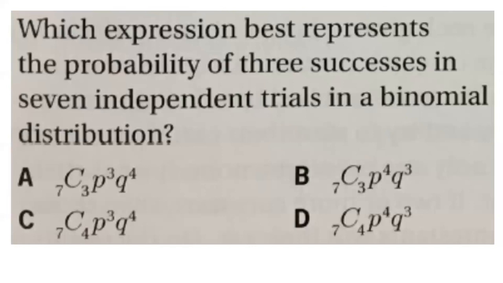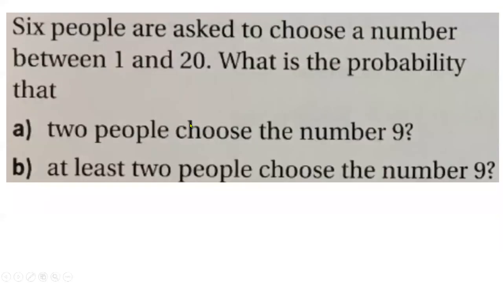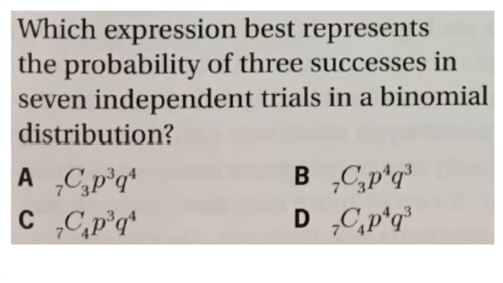All right, what is the correct option here? So basically here, suppose we have a random variable that follows a binomial distribution. Here it asks you to calculate the probability of 3 successes, right?